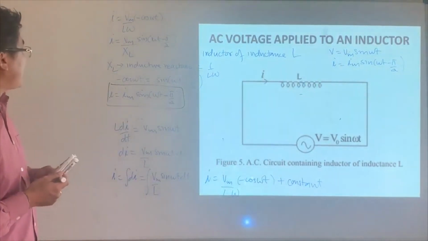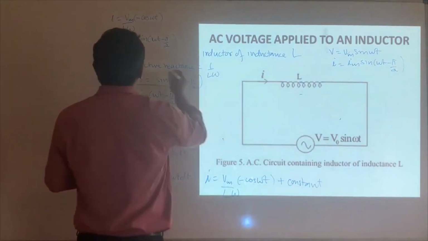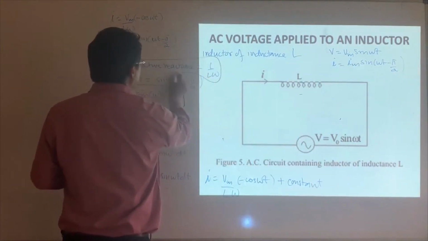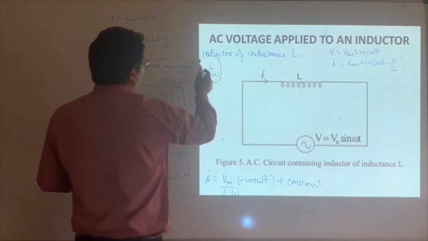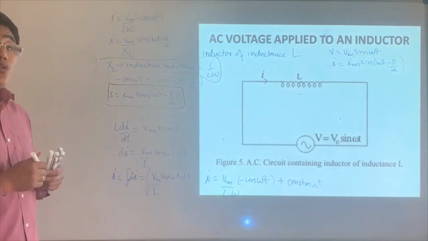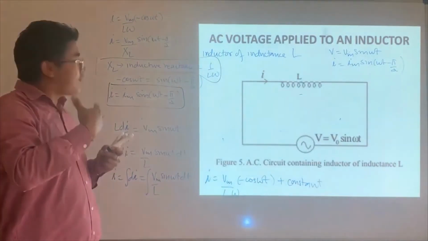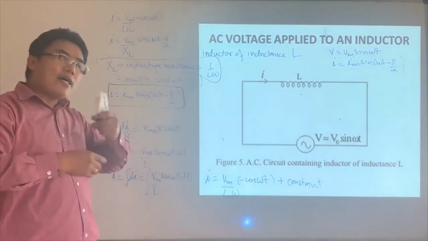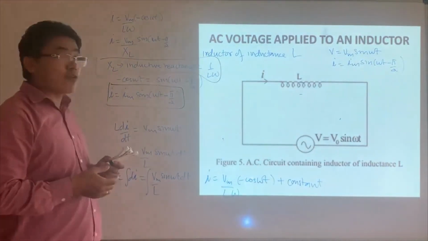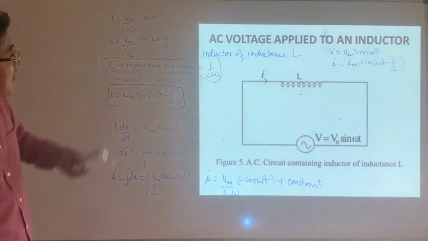This implies that current is behind voltage by pi by 2. And this is also very important, right? Inductive reactance is given by the inductance and angular frequency. So the inductive reactance is also affected by angular frequency, right? This is one very important thing.